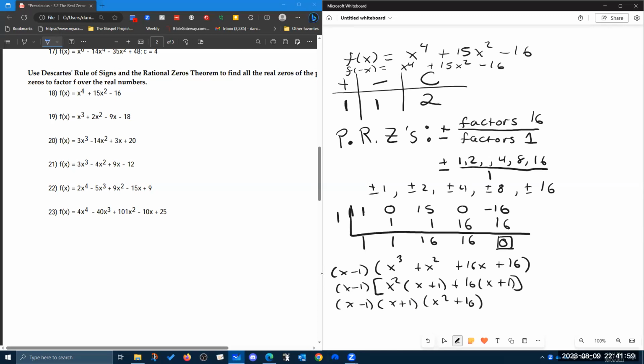If I did not recognize that I could factor that by grouping, I would have stopped with my positives because I already found my one positive answer. I would have tried negative 1 from my negative list on this piece right here. So let me show you that as an alternative.